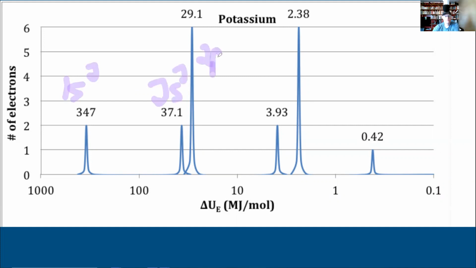This peak is 2p6. This one is 3s2, 3p6. And now this is the 4th energy level. That's now going to be 4s1. Once again, you'll notice it's just 1 because the peak is only 1 electron tall compared to the other ones that are there.